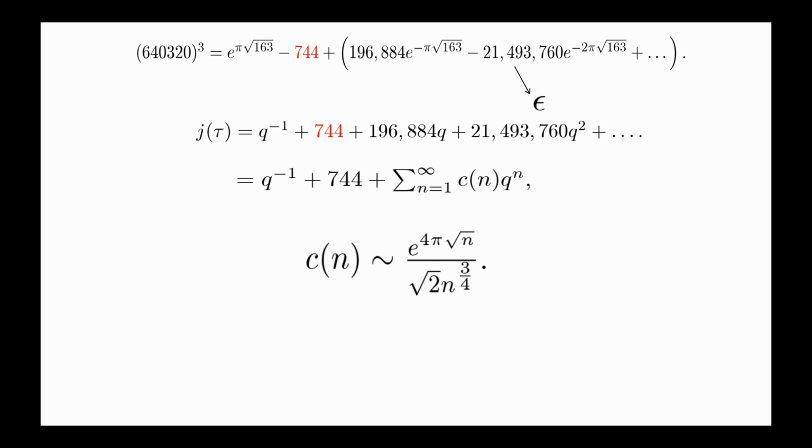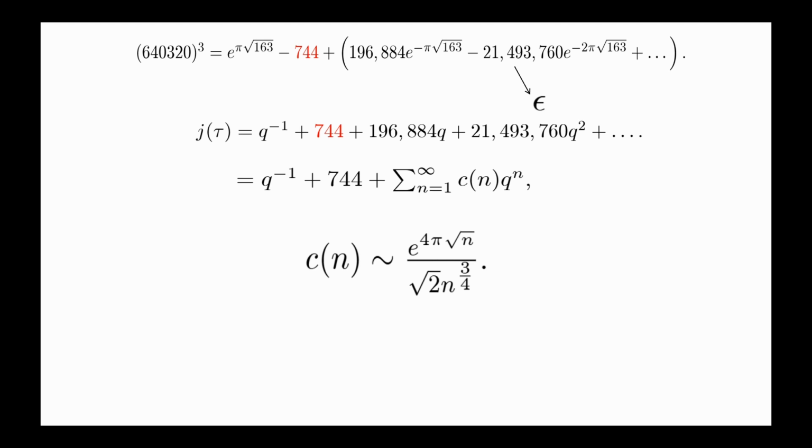But anyway, this means that the e to the minus pi root of 163, so the powers of that, they are extremely tiny and they are able to overcome the rate of growth of the coefficient c of n, and this makes the terms in bracket evaluate to a really small positive integer epsilon.